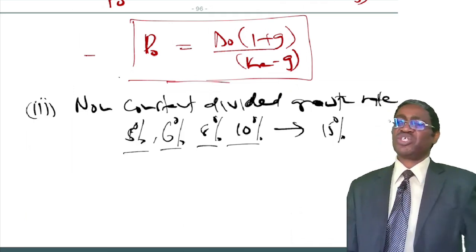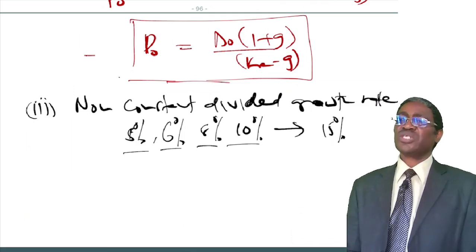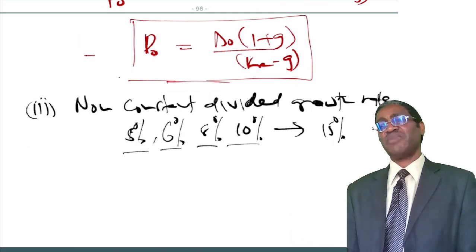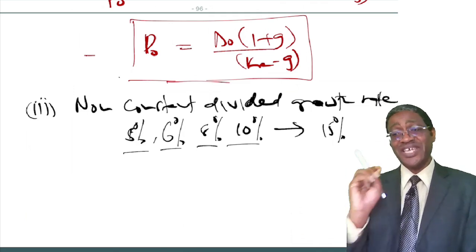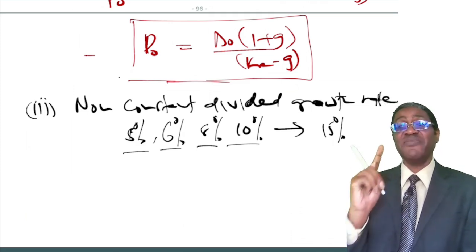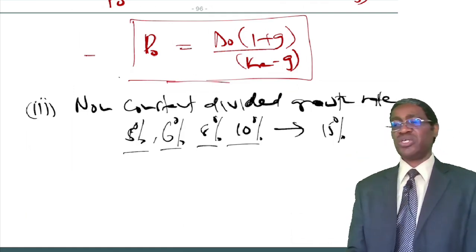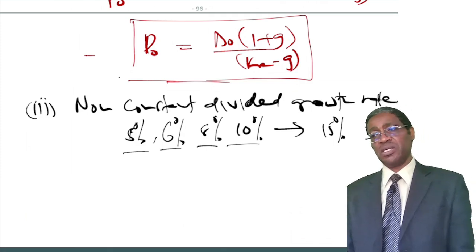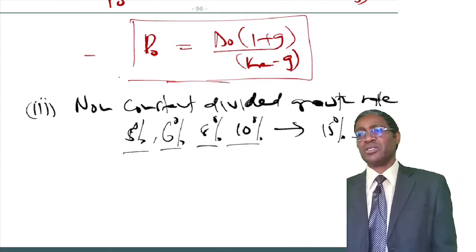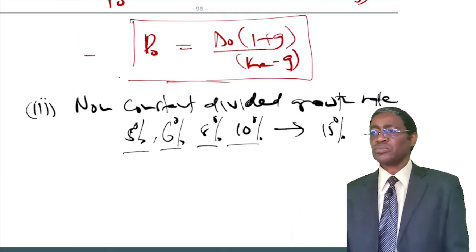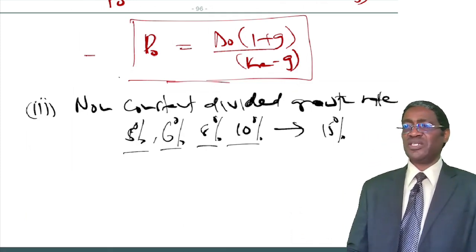The value of the share will be given by D naught into 1 plus G divided by KE minus G, where D naught is the most recent dividend, the latest dividend that was paid.